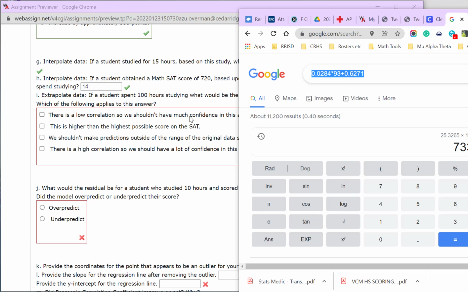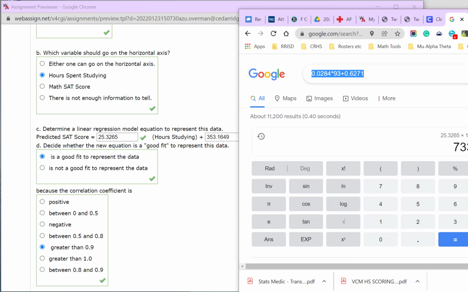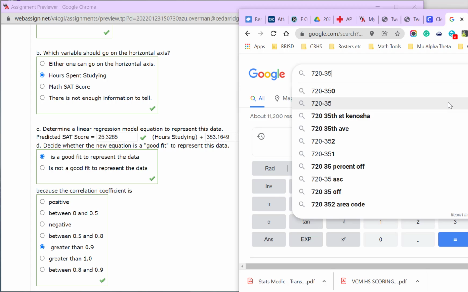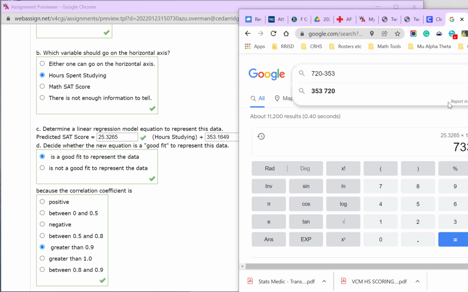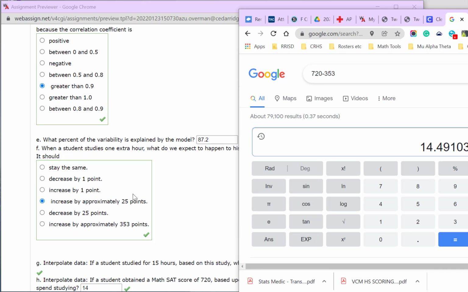In our equation, the y-intercept is 353, right? So that should work. And then divide that by the slope, and this will work. Should work. Better work. There you go. So it's about 14 and a half.